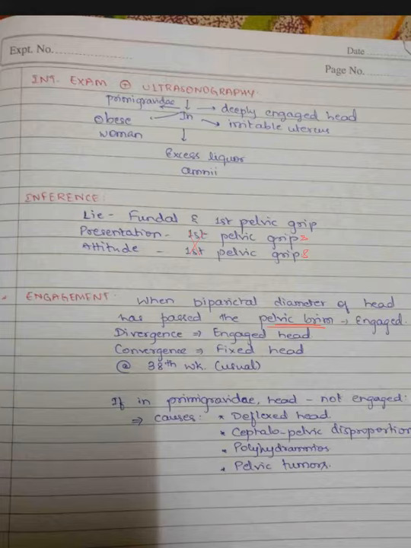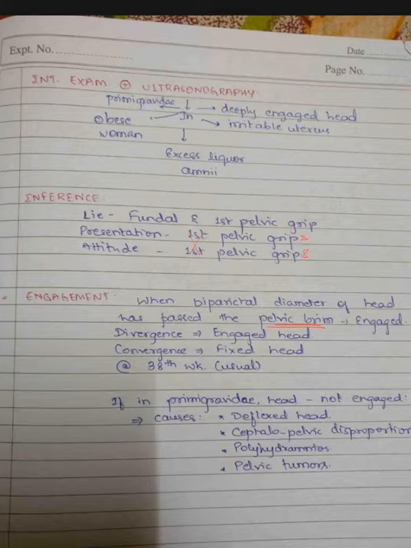And in case of irritable uterus also, you need to go with that. So it depends upon the contour of the woman, that is primigravida or obese woman, and it depends upon the water covering the fetus, as well as upon the engaged head and irritable uterus.